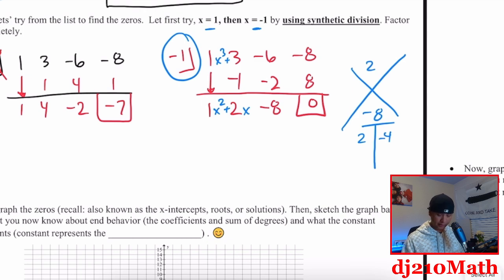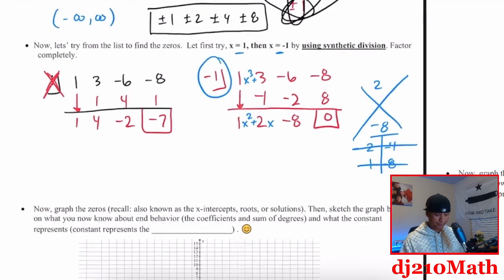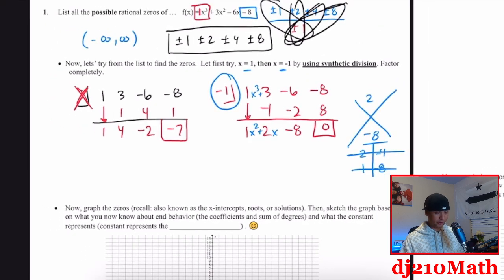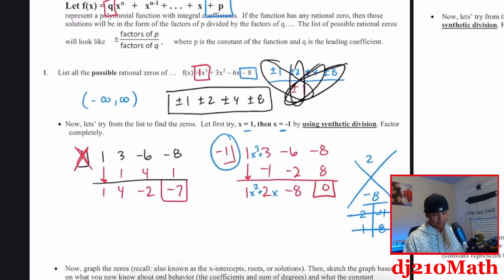It looks like it's going to work, but it doesn't. This doesn't work. And then the only other option is 1 and 8, but again, that doesn't work either. So traditional methods won't work.